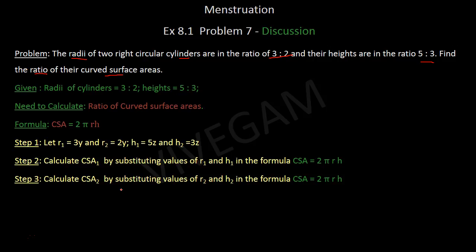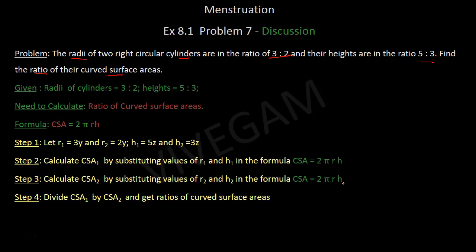Repeat the same step for the second cylinder. That is, calculate CSA2 by substituting values of R2 and H2. R2 is 2y, H2 is 3z, in the formula CSA equal to 2 pi RH. Then again we will get the curved surface area of the second cylinder in terms of y and z.